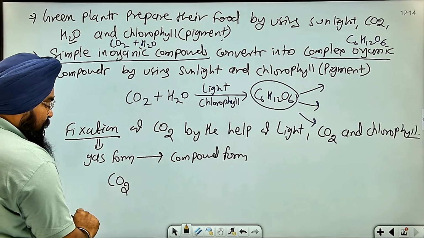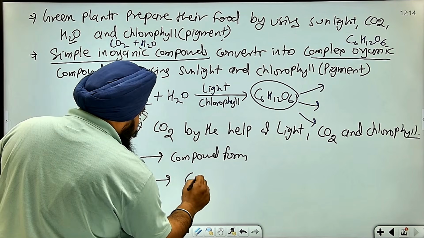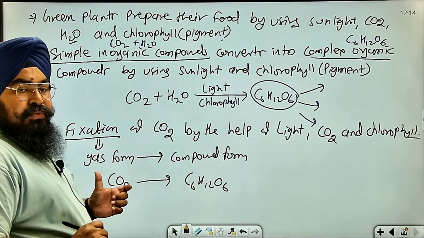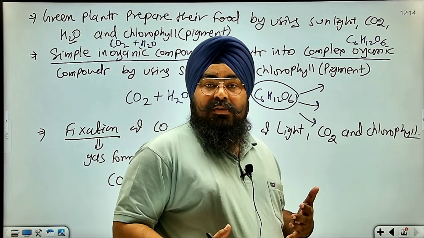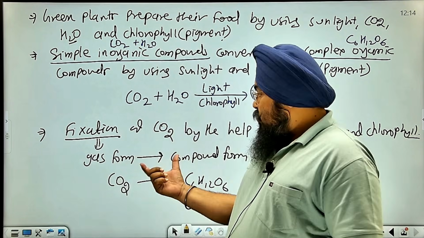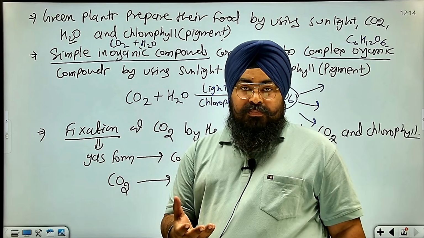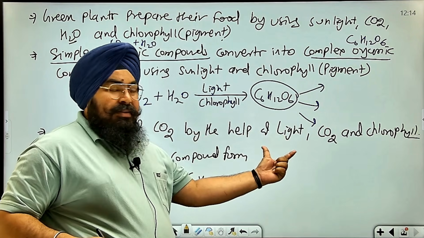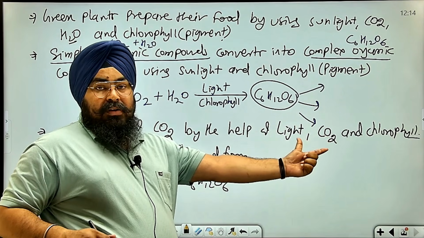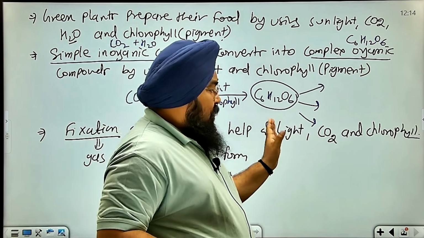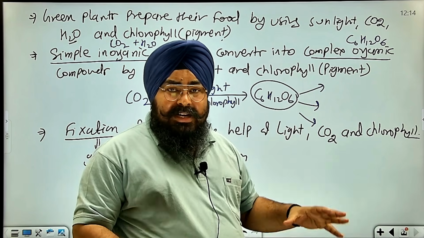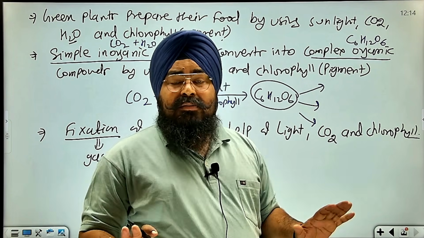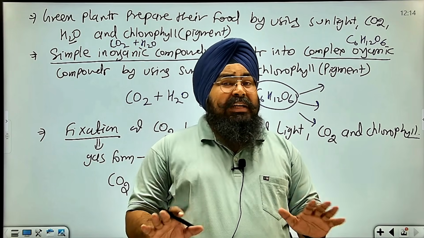The CO2 gas converts into the compound glucose. So photosynthesis is also known as the fixation of CO2. But this needs light, CO2 and chlorophyll. If light is absent, CO2 is absent, or chlorophyll is absent, then fixation, that is photosynthesis, does not take place.